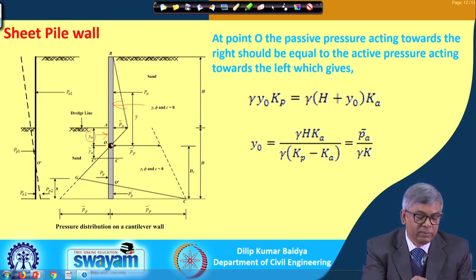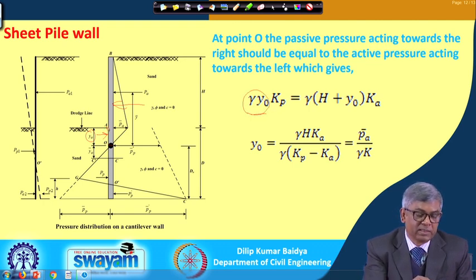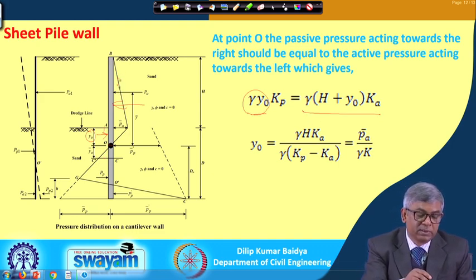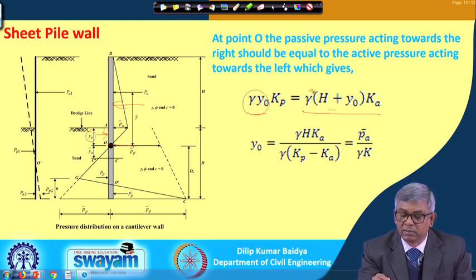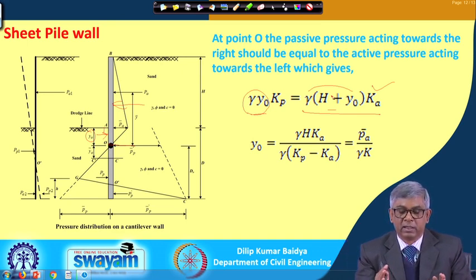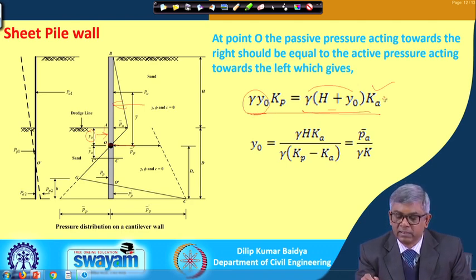If the depth at which the pressure becomes 0 is y naught, then gamma times y naught multiplied by K p is the passive pressure from here. And on this side, what is the active pressure? Active pressure will be up to this, so H plus y naught, multiplied by gamma into K a. So, that becomes the active pressure from the right and passive pressure from the left side, and this must be equal, because I am getting 0 at this point. So, if I equate this, then I get y naught.